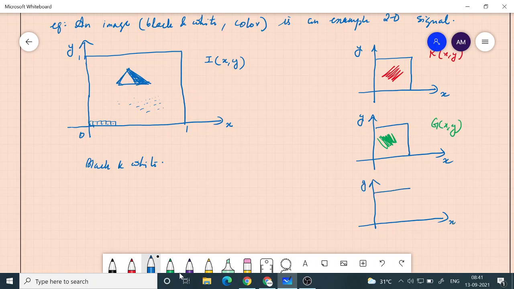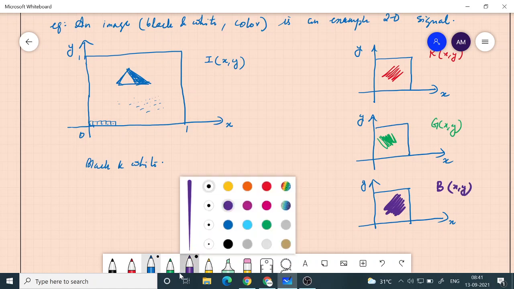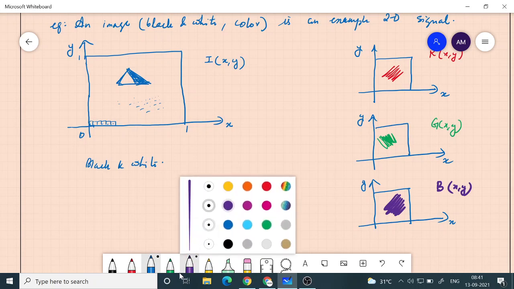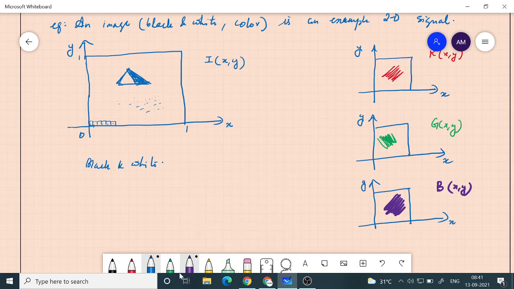So this is blue. Okay, so let me use this color. I have blue intensity.